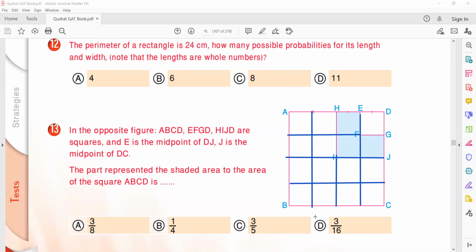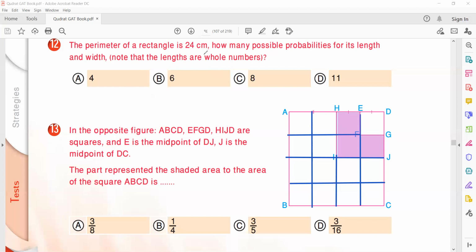Every quarter has 4 small squares. He wants the part representing the shaded area. How many do I have here? Look, there's 1, there's 2, and here 3, right?